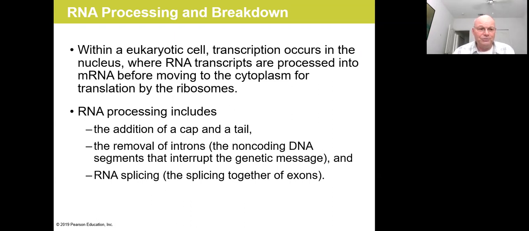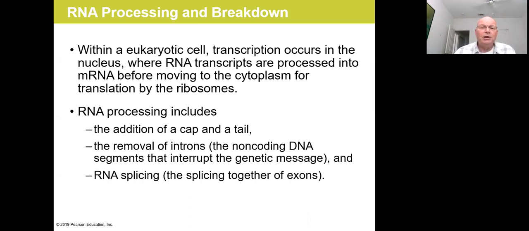Unlike prokaryotic genes, which are continuous with no interruptions, in eukaryotic genes there are non-coding interruptions. We refer to those as introns. And so we need to remove the introns. That's one thing that needs to take place. We then need to take the remaining pieces of the transcript, which are the exons, the coding regions. We need to splice those together to create the messenger RNA.